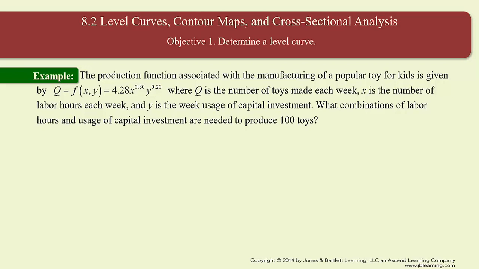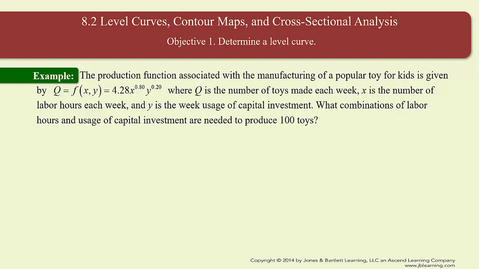Here, Q represents the number of toys made each week. X represents the number of labor hours each week. And y is the weekly usage of capital investment. So our question: what combinations of labor hours and usage of capital investment are needed to produce 100 toys?